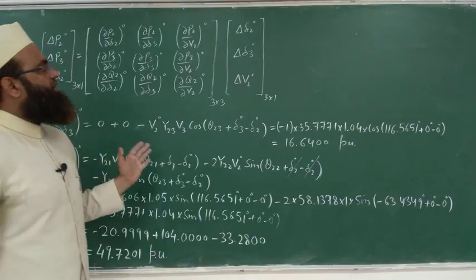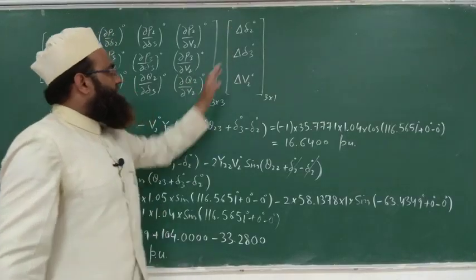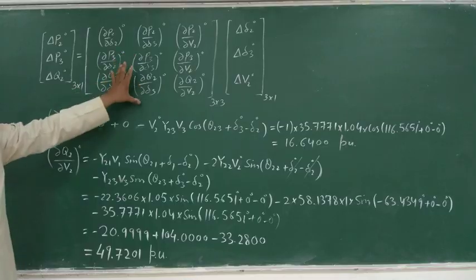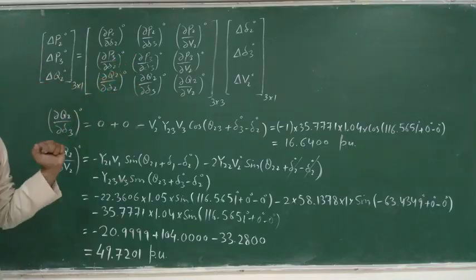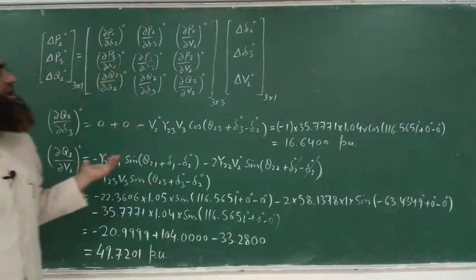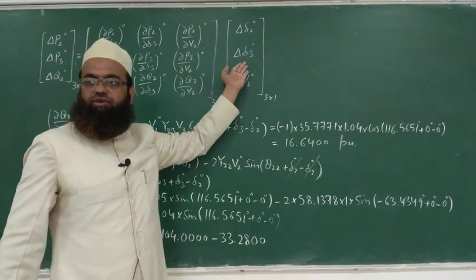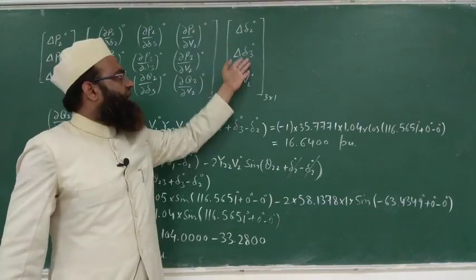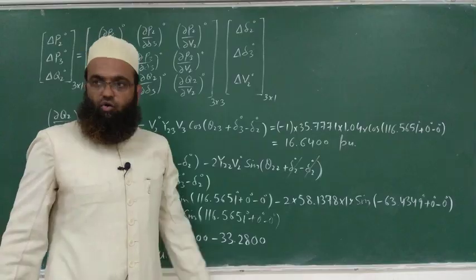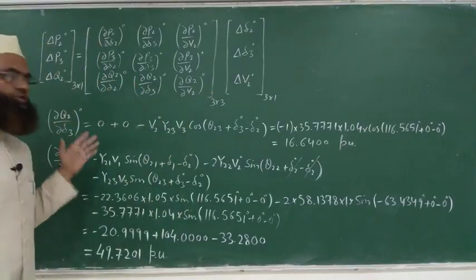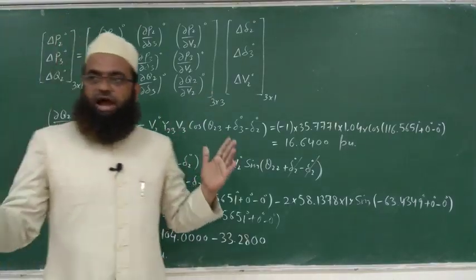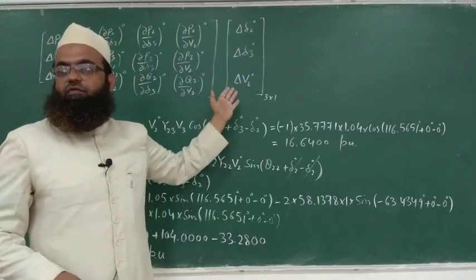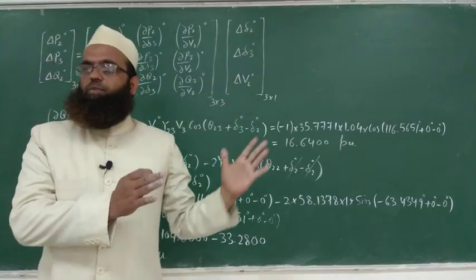You may write this matrix is equal to the inverse of this Jacobian matrix times this. This way we will get the values of these variables, and once corrections in the 3 variables are known, we will update the corresponding variables. We will add these calculated values of the corrections to the assumed values of the variables.